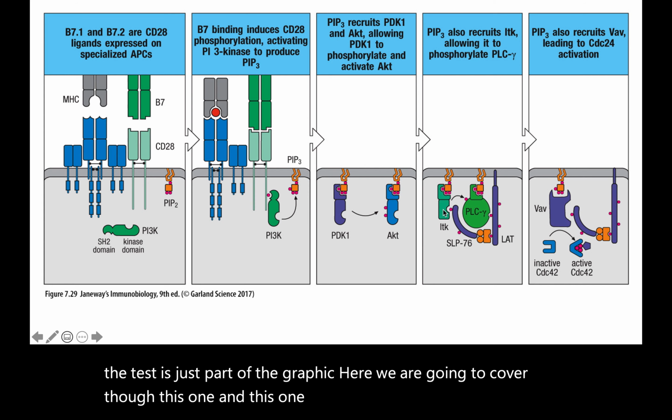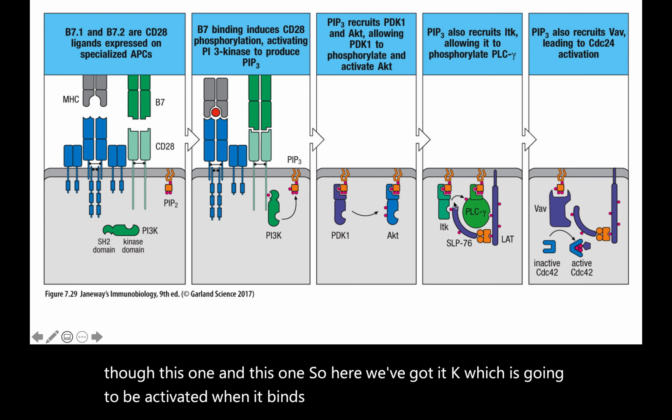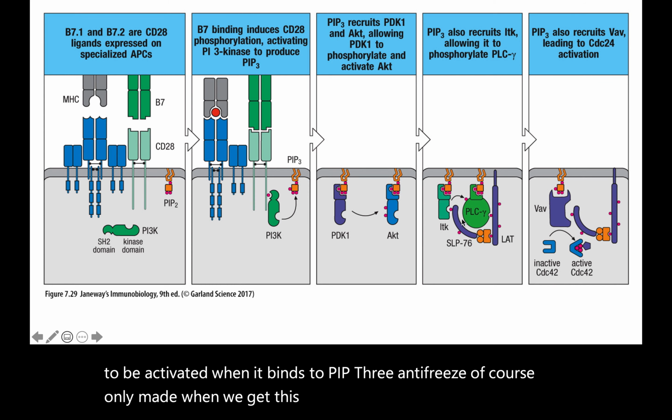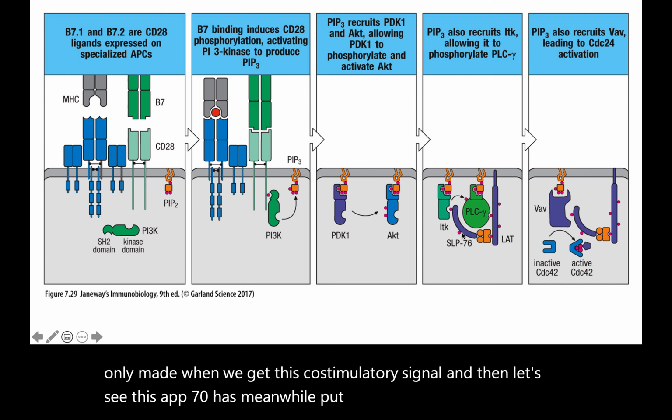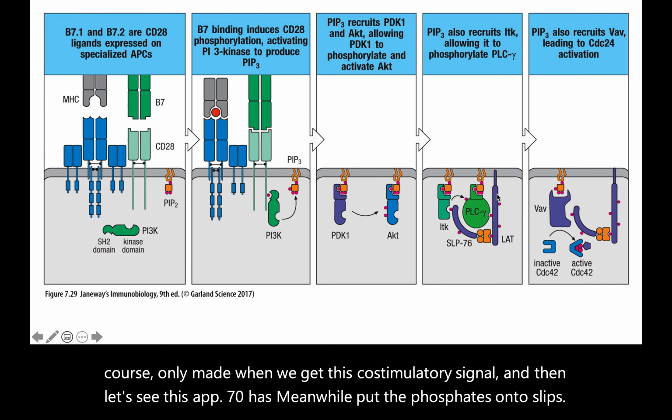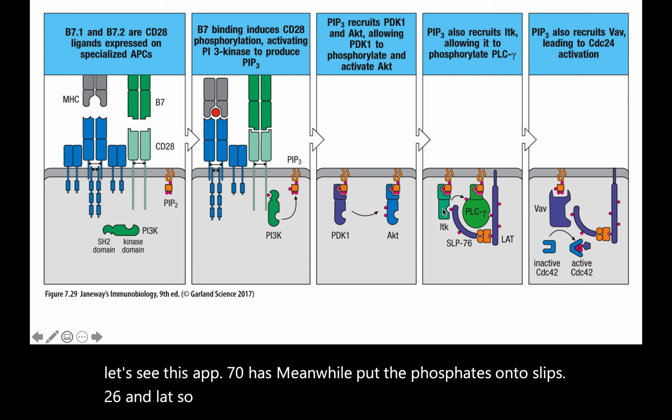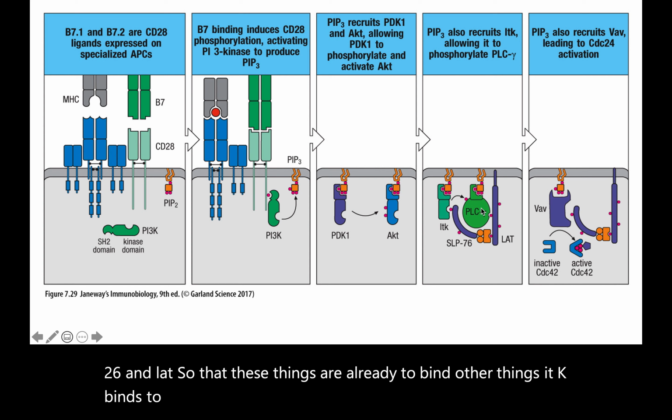So here we've got ITK, which is going to be activated when it binds to PIP3. And PIP3 is, of course, only made when we get this co-stimulatory signal. And then ZAP70 has meanwhile put the phosphates onto SLP76 and LAT so that these things are all ready to bind other things. ITK binds to SLP76, phosphorylates PLC gamma, which is now activated.